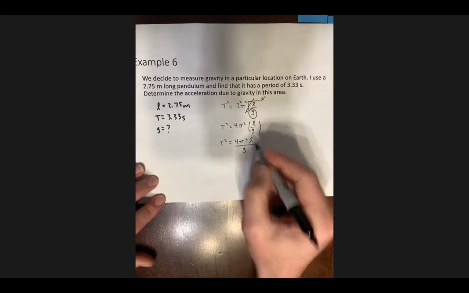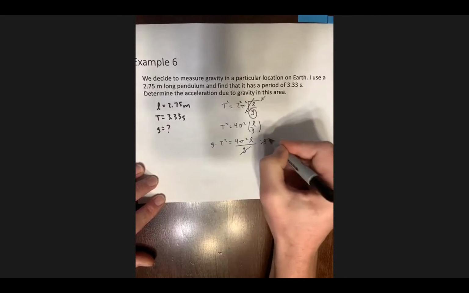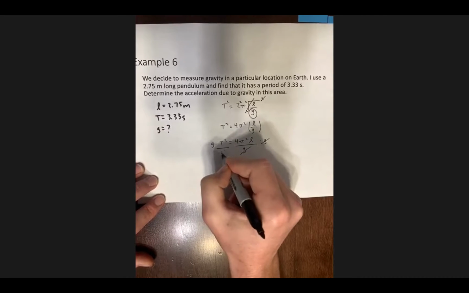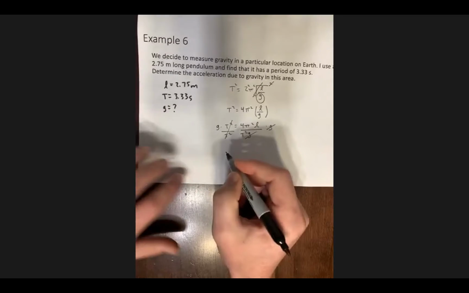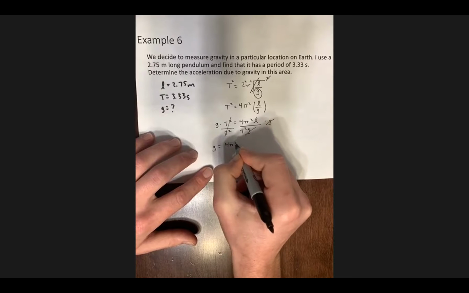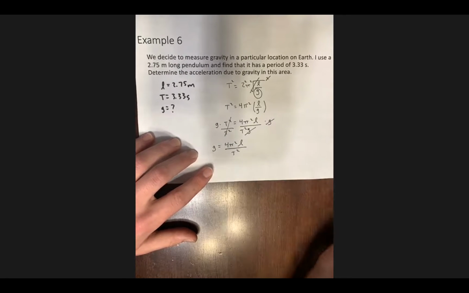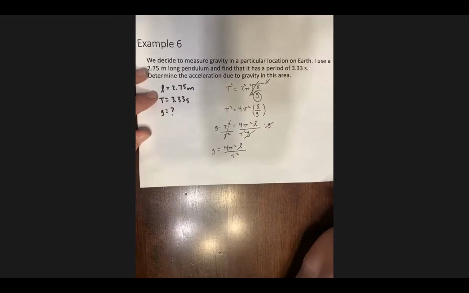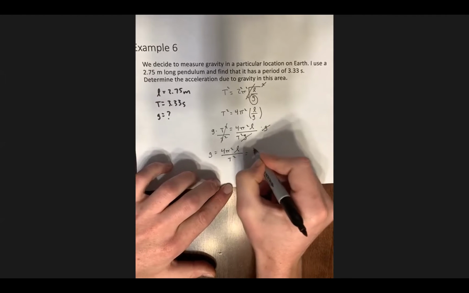We're looking to isolate for g, so let's multiply both sides by g. Those will cancel. Now we need to divide by T squared, both sides. So then we will get g is equal to 4 pi squared times the length of the pendulum divided by the period squared. We know the period, we know the length, and we're looking for g, so now we can just substitute in our values.